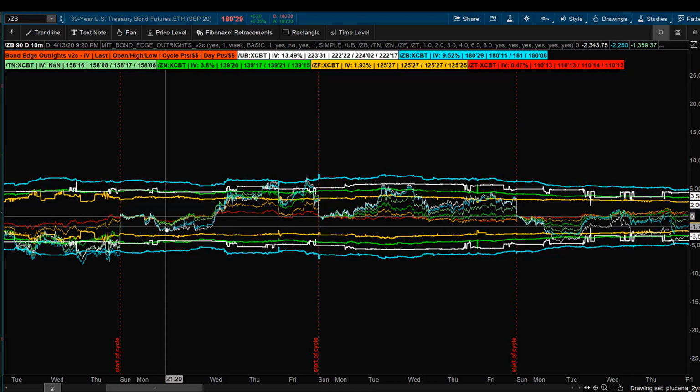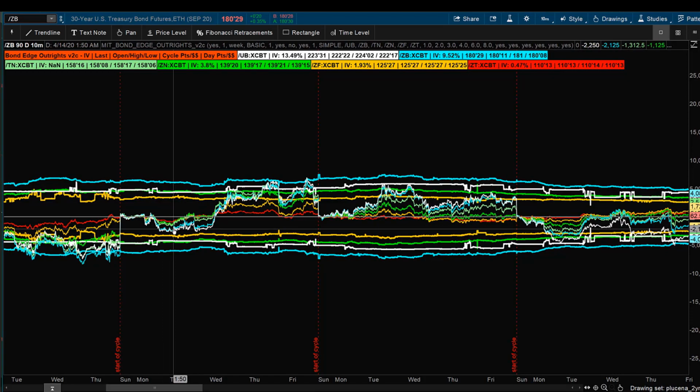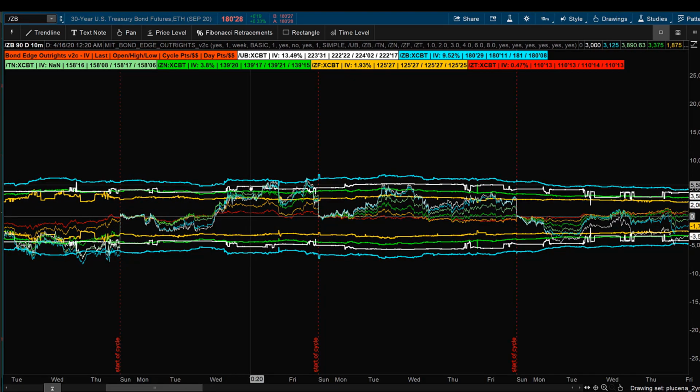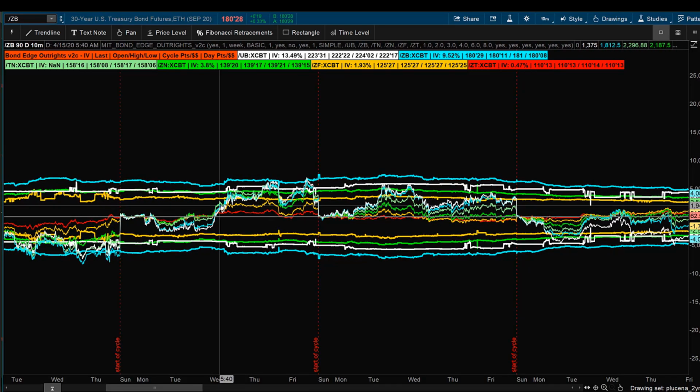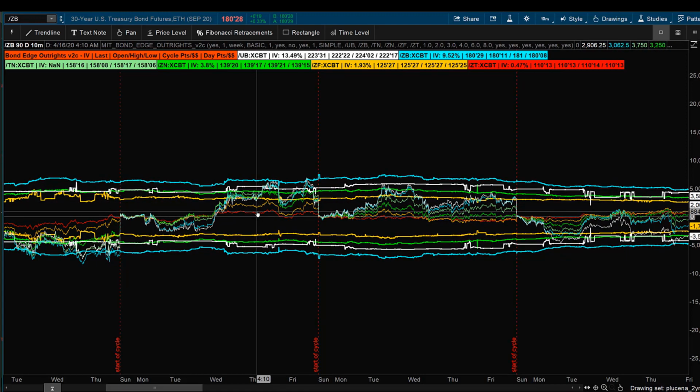Again, they stretch, but then that rubber band is just way too stretched and it gets some revenge. Look at this. It moves swiftly up. The rubber band snaps back, and now it is stretching the other way, where the white line and the blue line are above the other two lines.